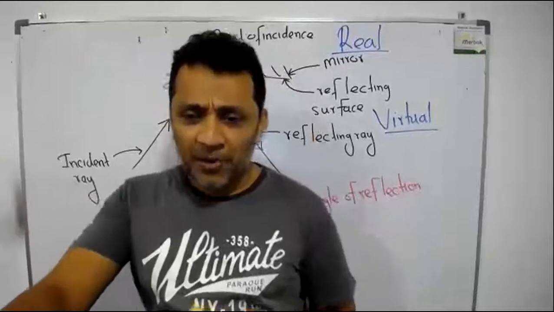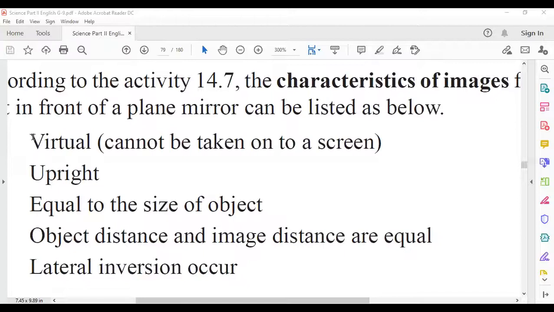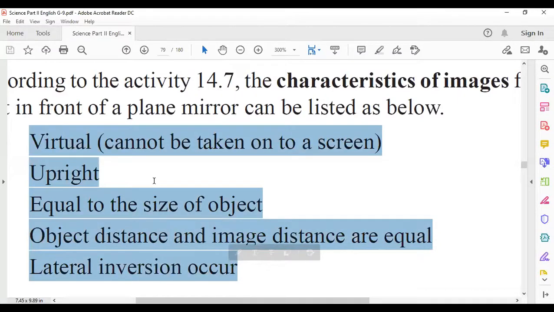Right. See these other properties. Can you understand all the properties mentioned here?